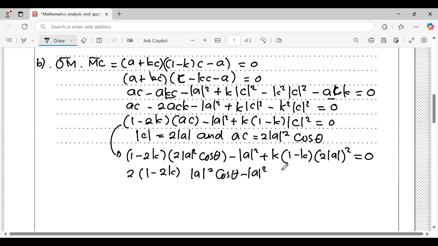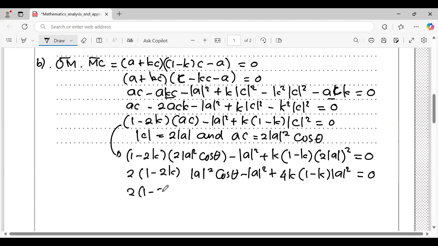A squared plus, this is 4A squared. It means times K becomes 4K, 1 minus K, A squared equals 0.